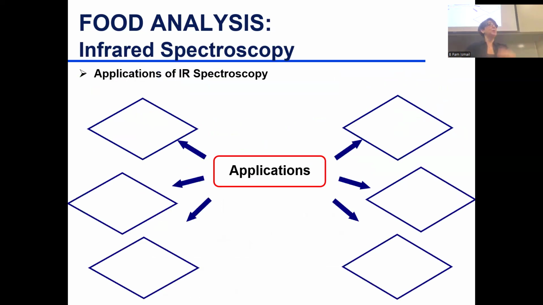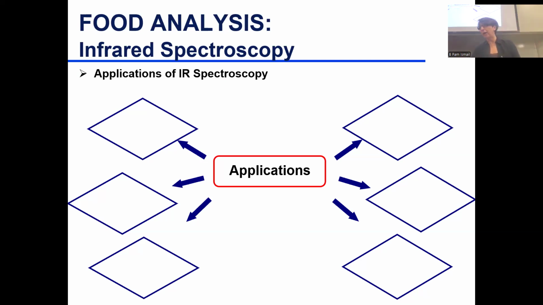All right, so speaking of application, where do you think, I did mention a couple already, where do you think we use IR? Structure, yes, structural elucidation, identification, that's qualitative, but we use it quite a bit for detection, identification, structure elucidation, very good.